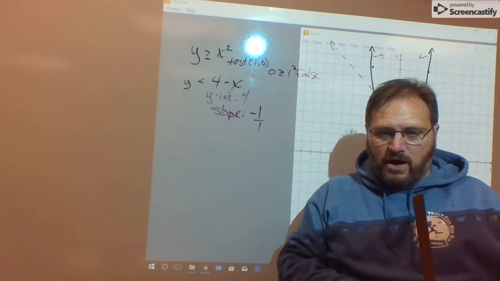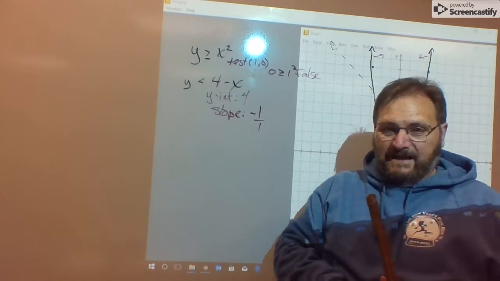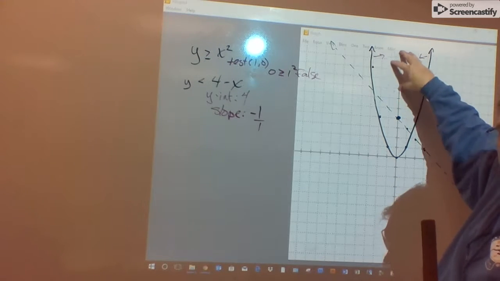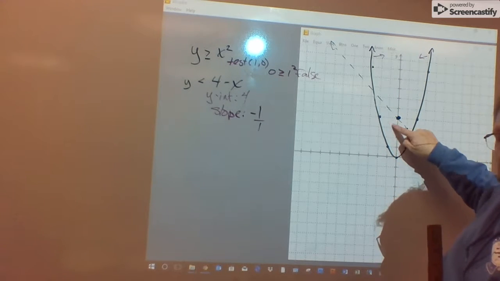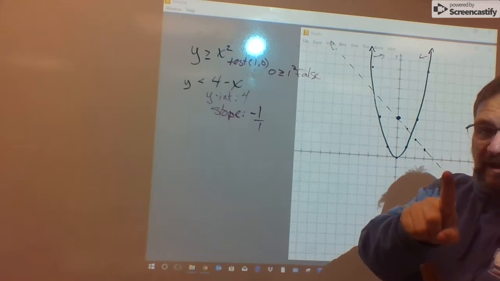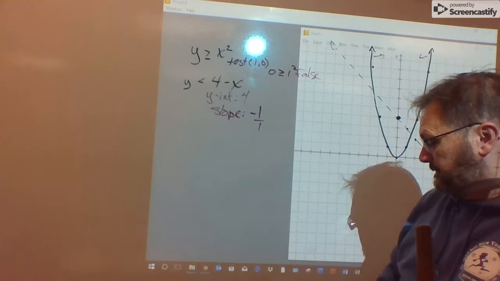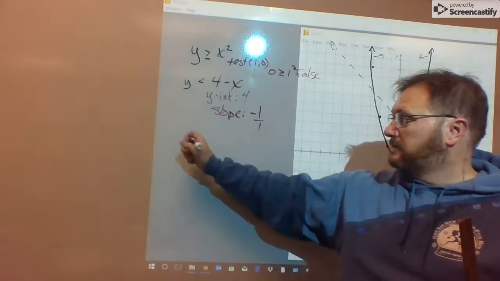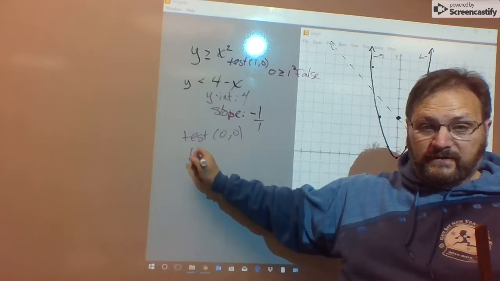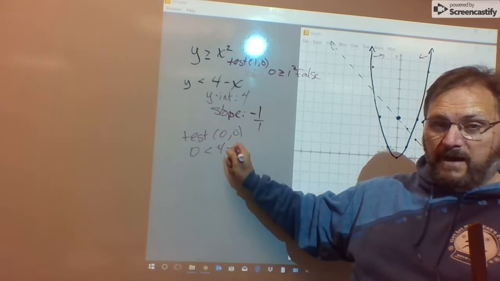Since I already know that I can only shade inside the parabola, I'm either going to shade up here or in this closed region here. I have to figure out which side of this line. Here, I can test the origin. So 0 is less than 4 minus 0.